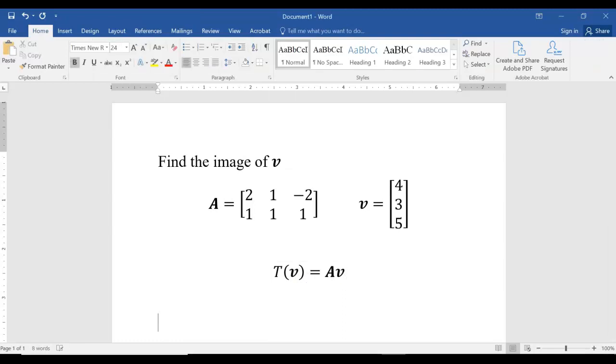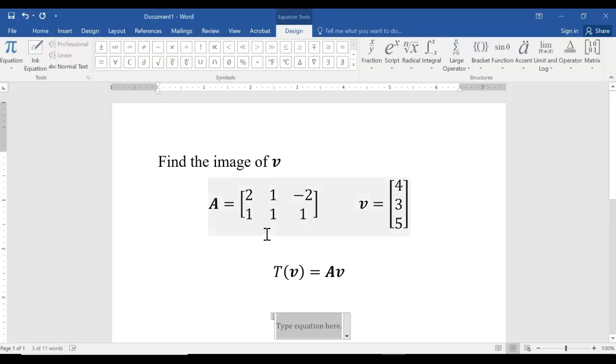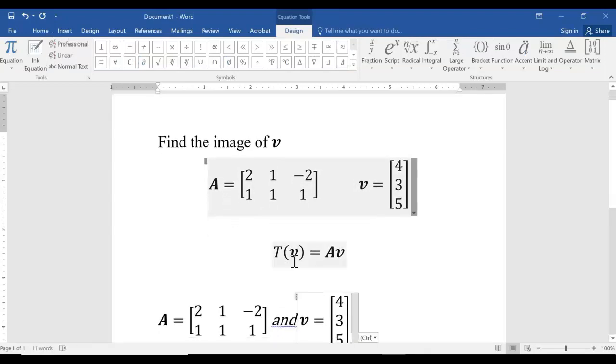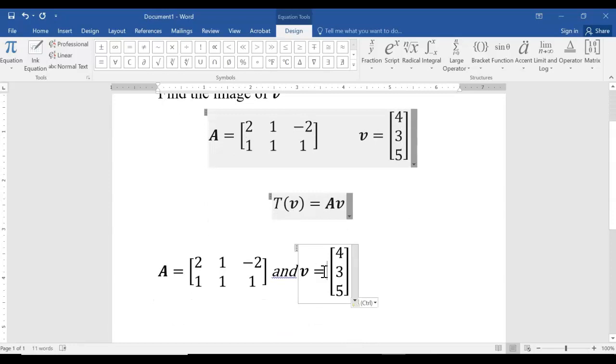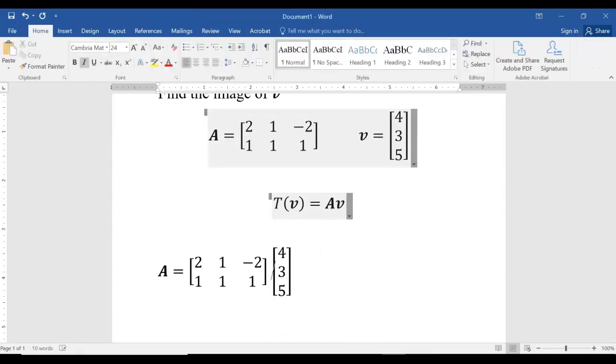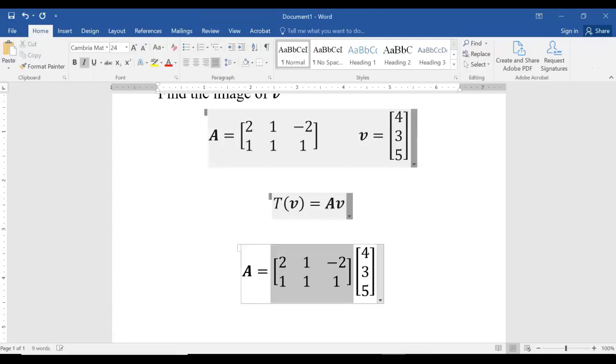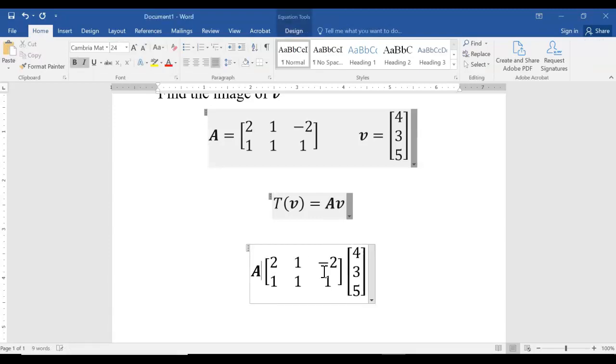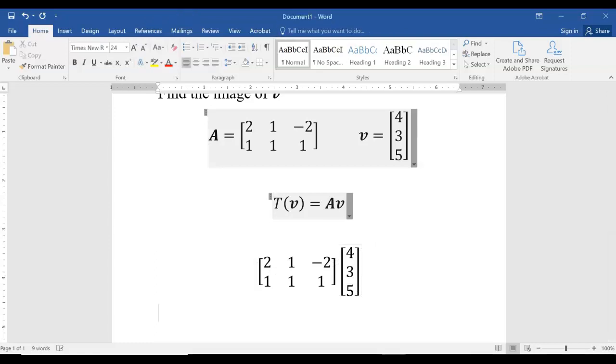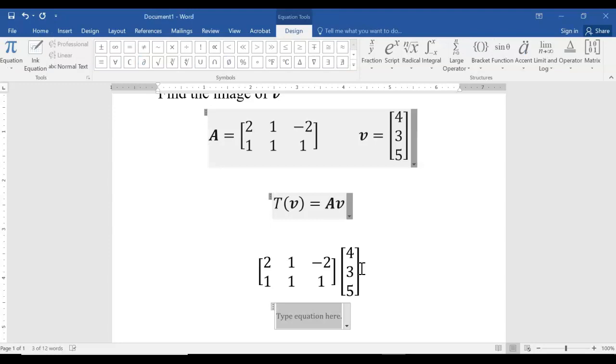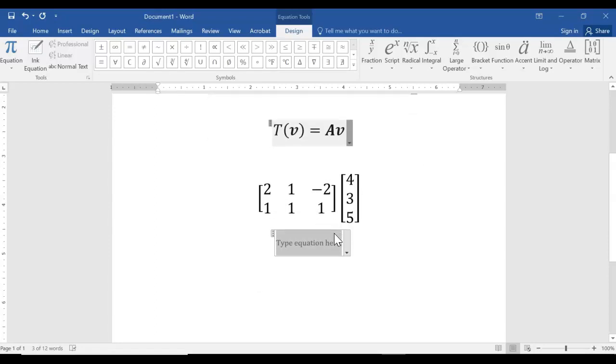So let's go ahead and do that. Let's take my matrix A and my vector V and multiply them. Hopefully you remember how to multiply a matrix times a vector. We're going to take the first column, multiply it by 4, the second column, multiply it by 3, the third column, multiply it by 5, and then add those things up.